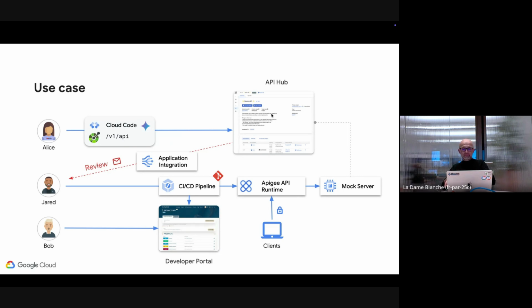API hub is an event-based solution that will manage this event with application integration, review, validation, and my pipeline will do everything. So in this case, we can imagine that the developer will not have to use an IDE anymore, just have to create a specification and store it in API hub, and everything will be done automatically.